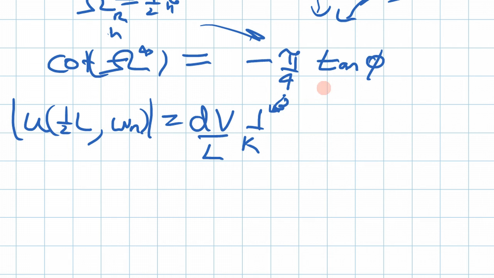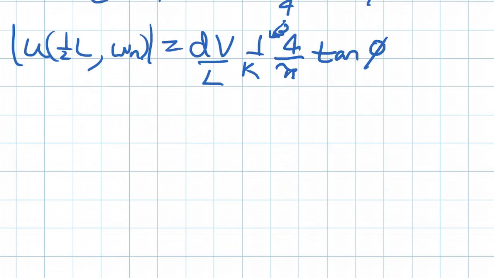Instead of pi over 4, we're going to get this. So we have pi over 4, and at resonance, k equals pi over 2.